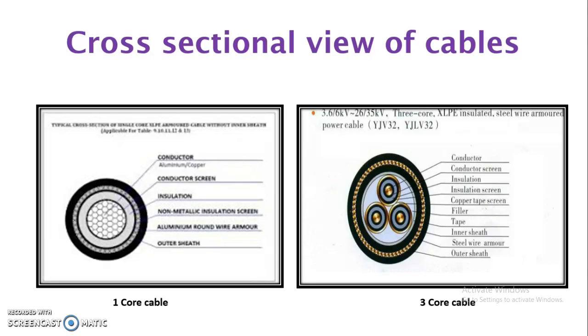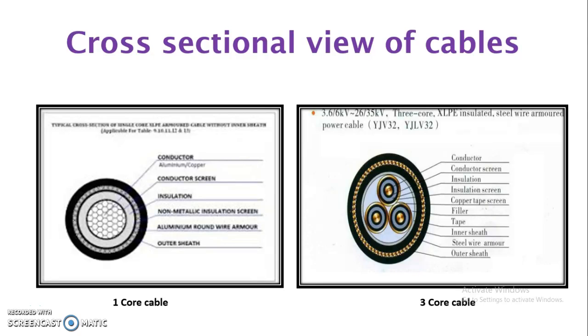Surrounding that, since a moisture problem will occur, we use a layer of fibrous material known as bedding. Surrounding the bedding, to again make the cable strong, we do armoring. In the armoring process we use galvanization. Finally, to protect against the effect of moisture, we have a layer of jute, again a fibrous material, and it is called serving.